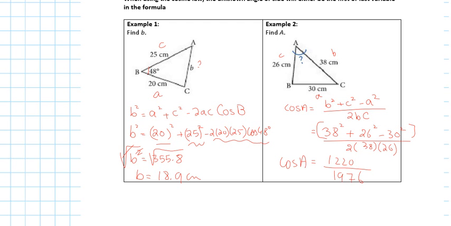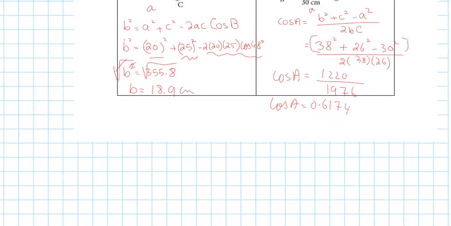That's going to give you 0.6174. What's after the 4? It's a 0. Okay. Now, is that my angle?